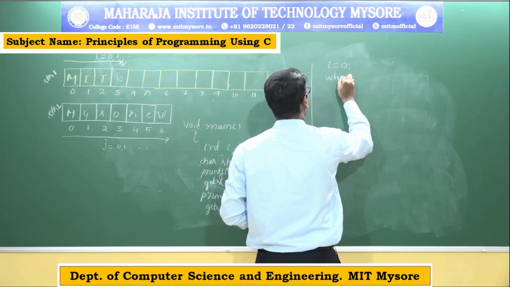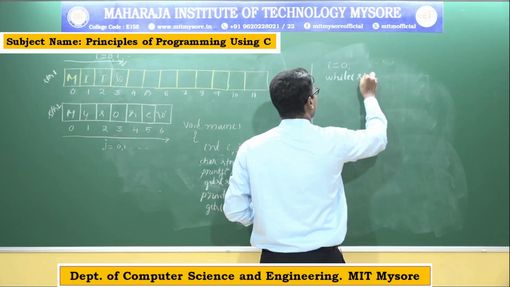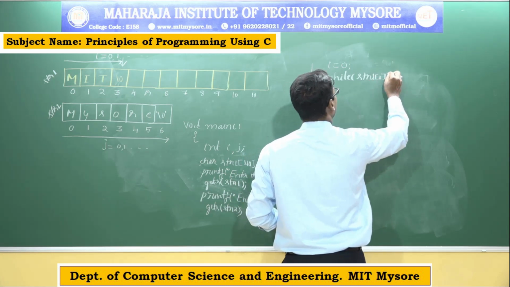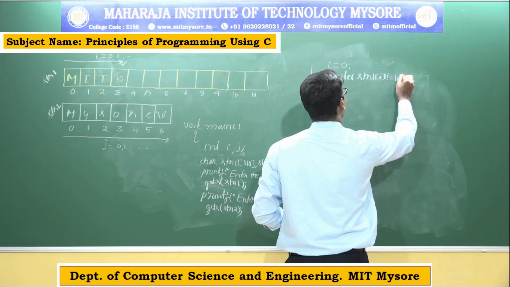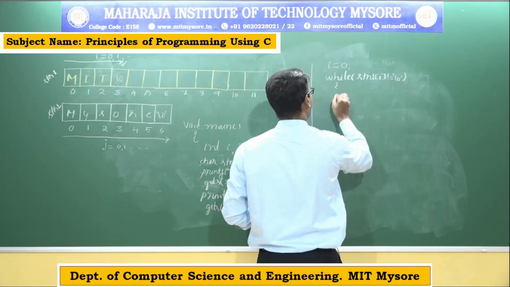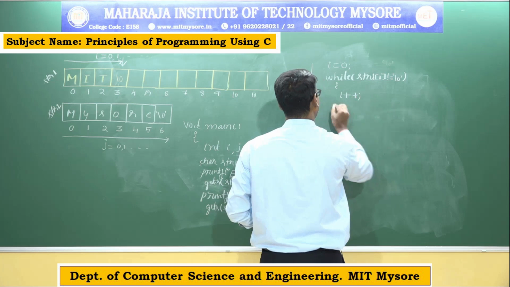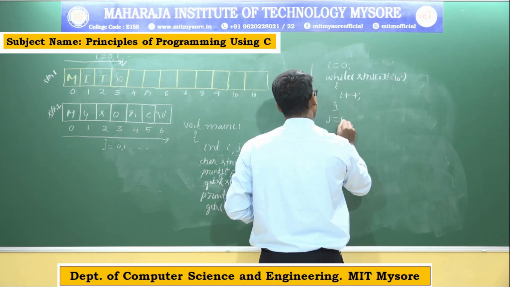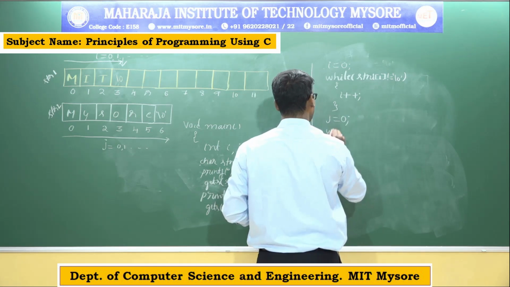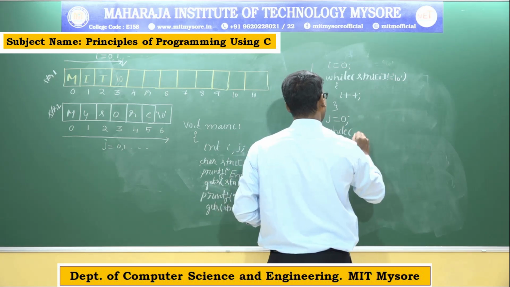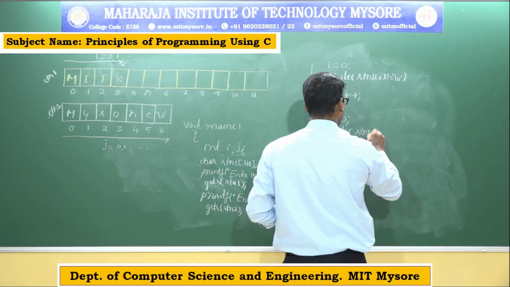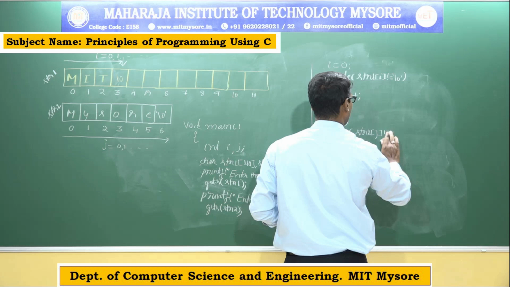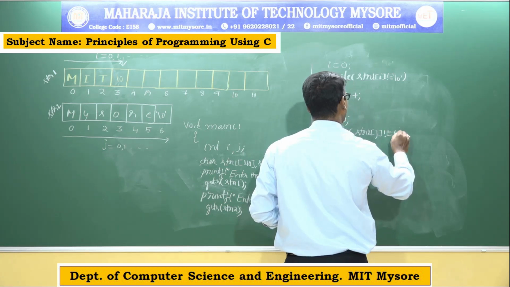So while str1 of i not equal to null, i plus plus. Next j is equal to 0, while str2 of j not equal to null.